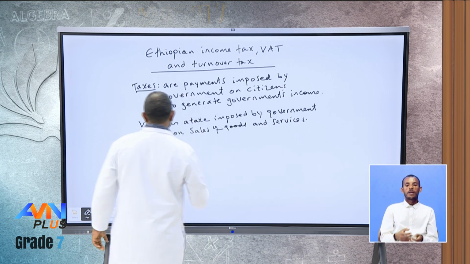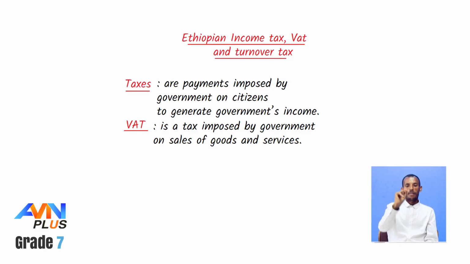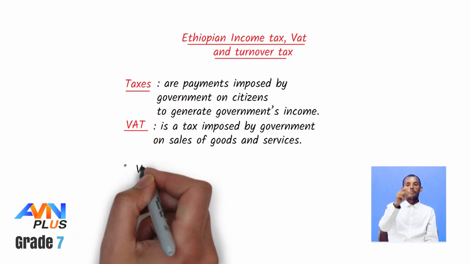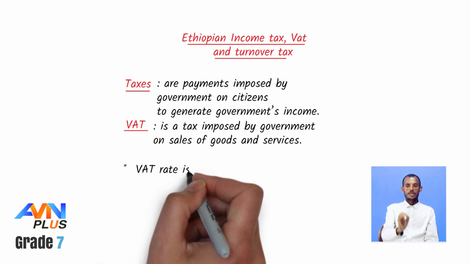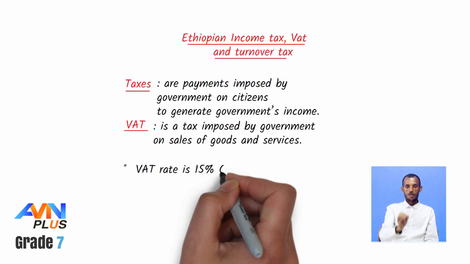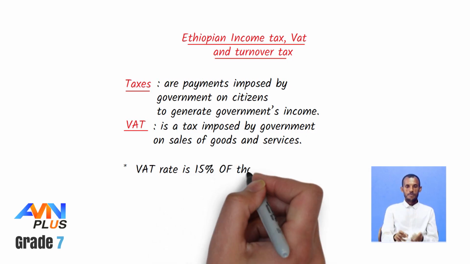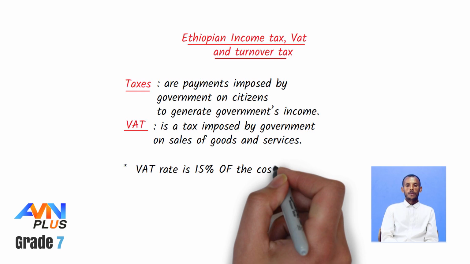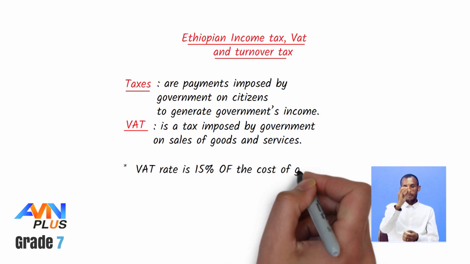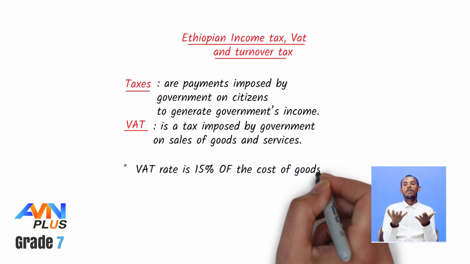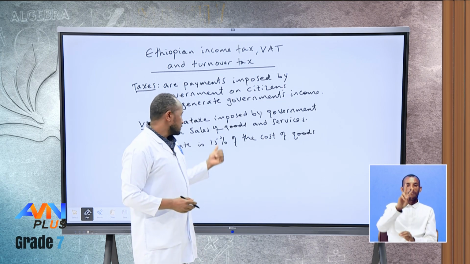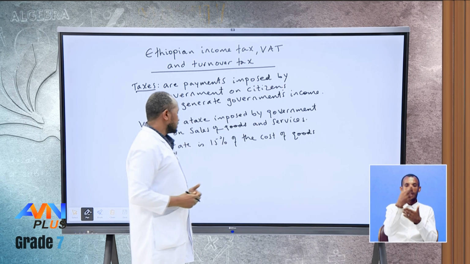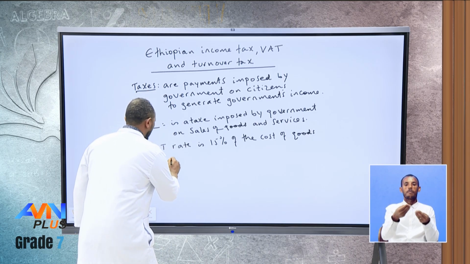Therefore, according to Ethiopia, the VAT rate is 15% of the cost of the goods. To calculate VAT, we use this rate, and it is given by this equation.